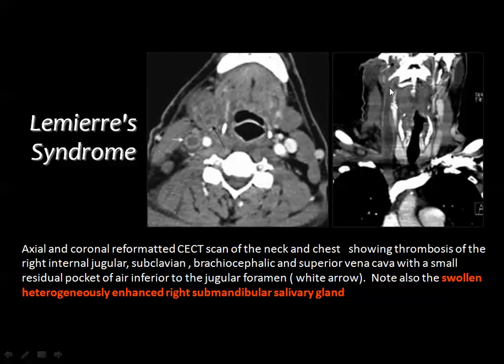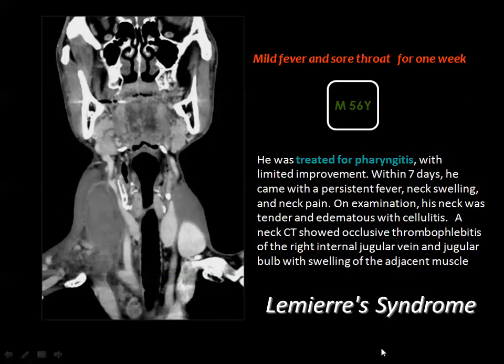In the coronal plane, you see that there is thrombosis of the internal jugular vein, and also you may appreciate that the right submandibular salivary gland is relatively swollen, heterogeneously enhanced, and there may be some inflammatory reaction in the surrounding fat planes compared to the normal submandibular salivary gland, which may be the cause of this septic thrombosis. This patient is presenting with mild fever and sore throat for 1 week.